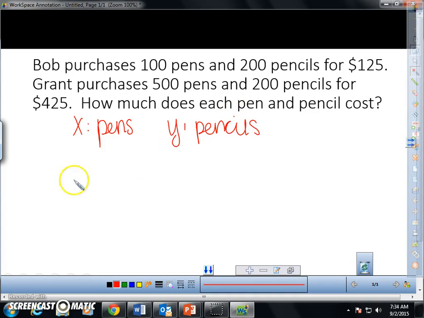Okay, so if I'm setting up an equation for Bob, then I'm going to have 100 pens. So that means 100 times X and 200 pencils. So 200 times Y is equal to a total spent of $125. Then for the next one, we have Grant.